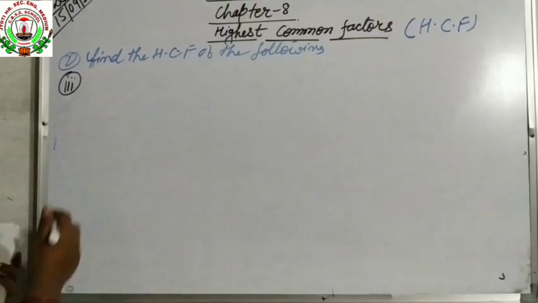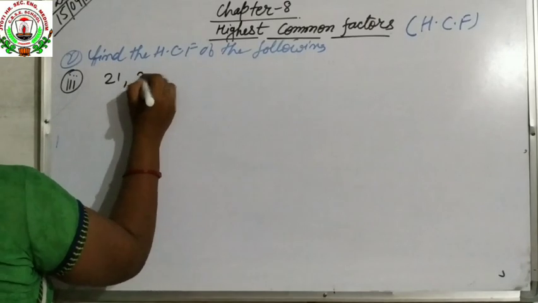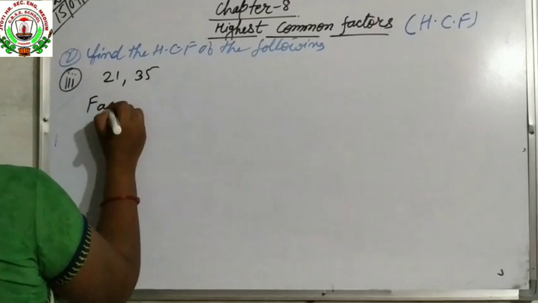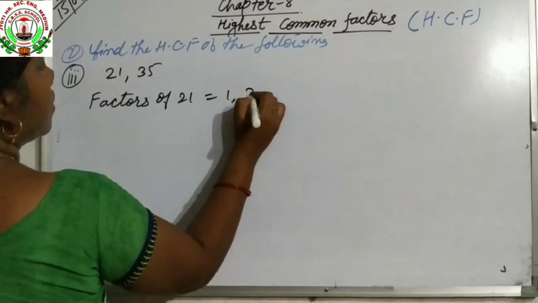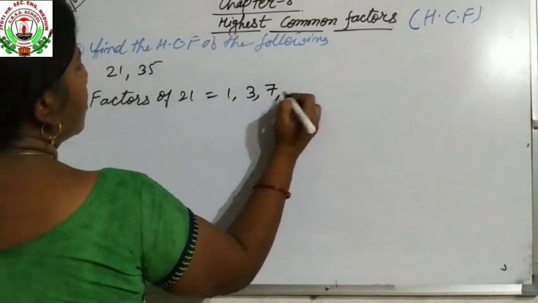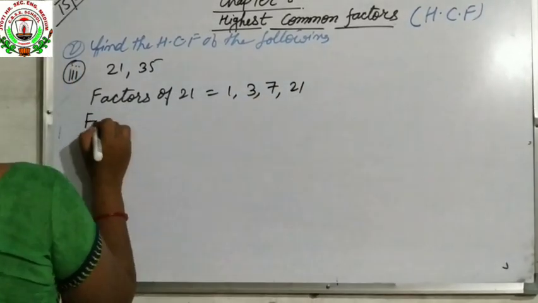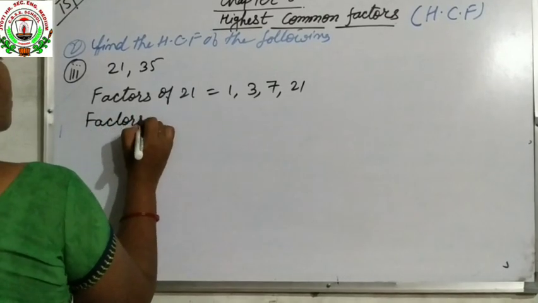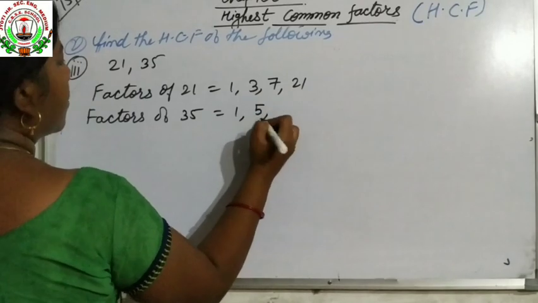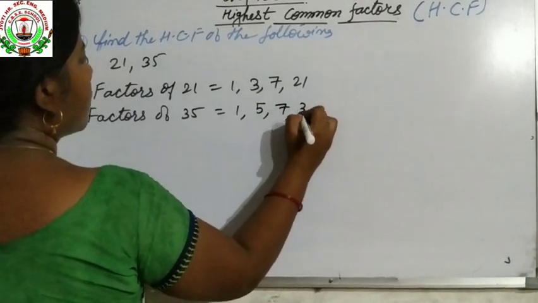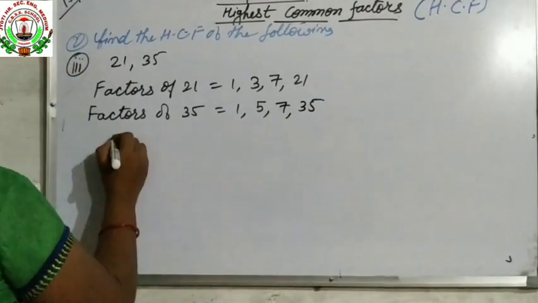Question number 3 is 21 and 35. So we will write the factors of 21: 1, 3 7s are 21, 7 3s are 21, 21 1s are 21. Then factors of 35: 1, 5 7s are 35, 7 5s are 35 and 35 1s are 35.